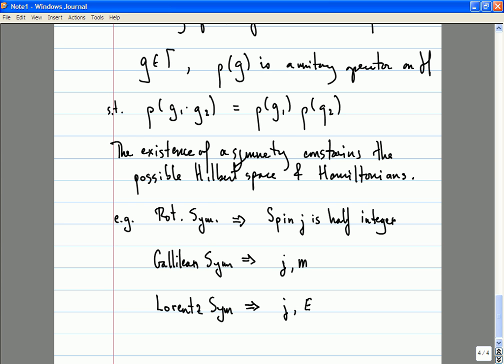Likewise, the fact that electromagnetism has gauge symmetry is what is responsible for the fact that we label states by a charge. And so this general group theory language, this language of representation theory, is really what is responsible for a lot of our understanding of the basic properties of matter.